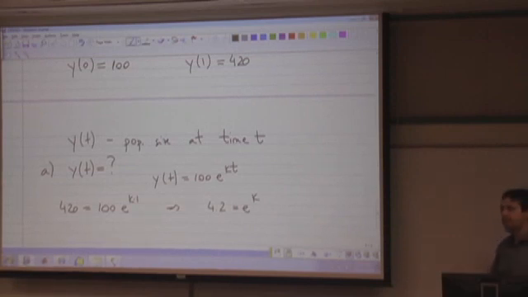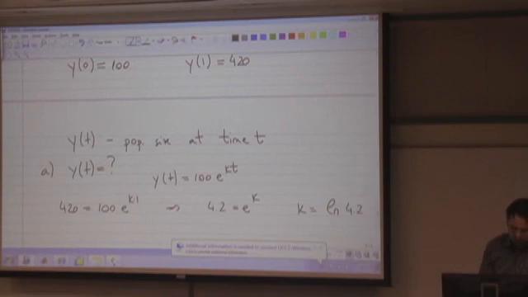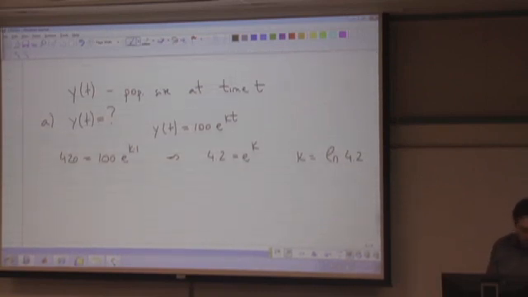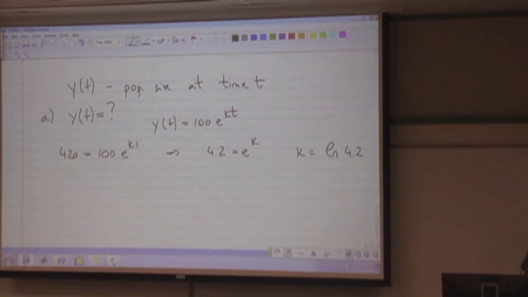Divide 420 by 100. And so k is just the natural logarithm of 4.2. Make sense? I don't have a calculator to compute what that is, but our answer says that y of t is equal to 100 e to the t times ln of 4.2.